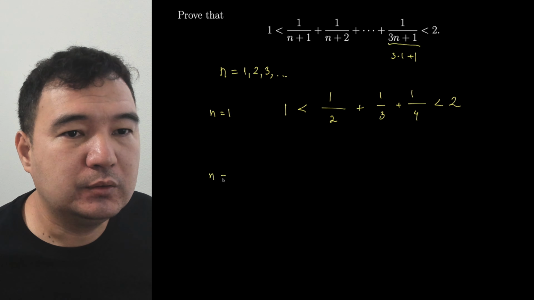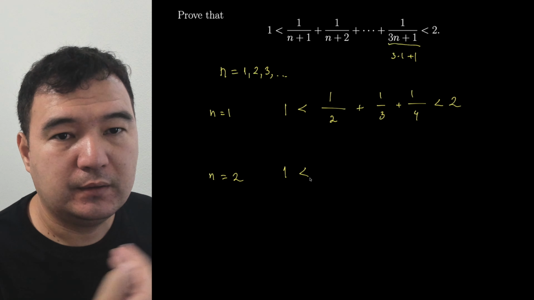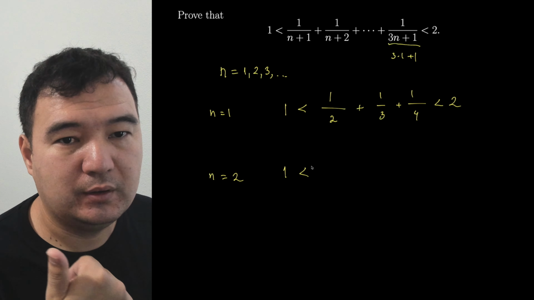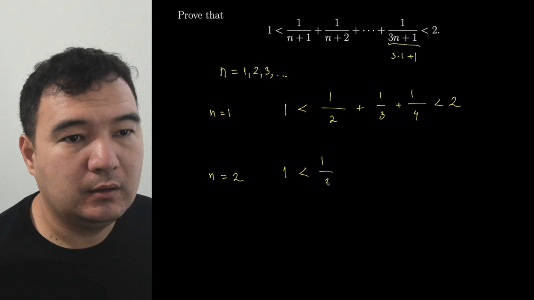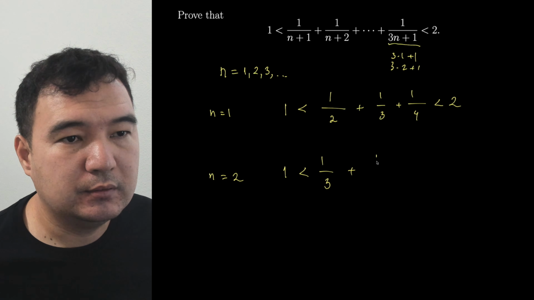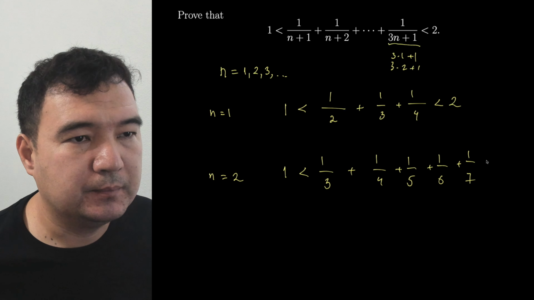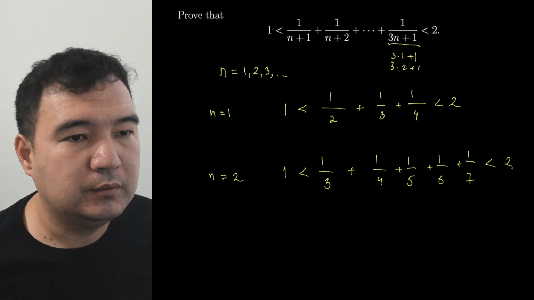For n equal to 2, you start with the number right after the 2, so it starts with 3 and goes up to 3 times 2 plus 1, that's 7. So 1 over 7, less than 2.